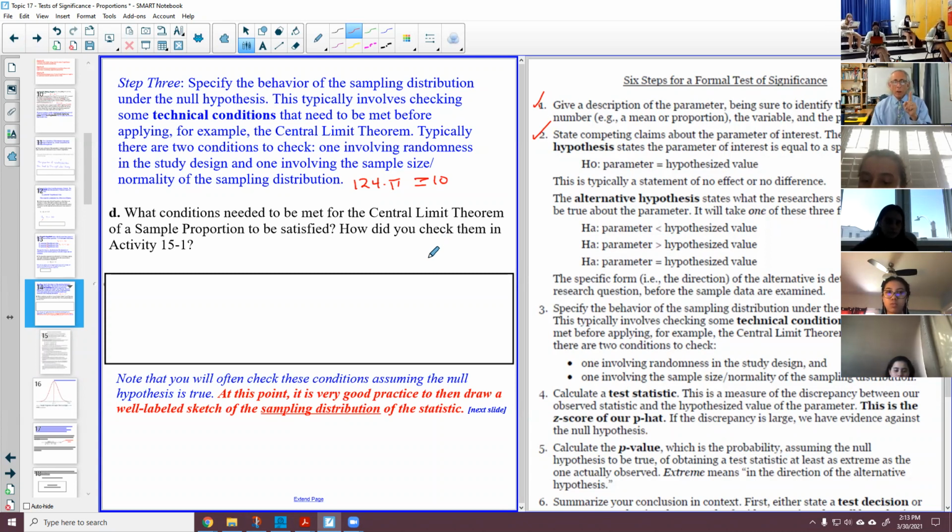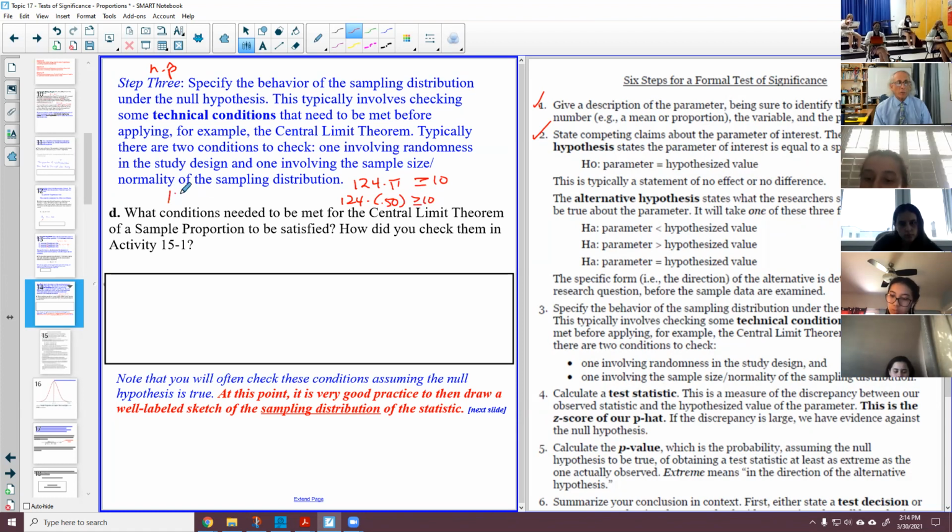When we were doing confidence intervals, we were using n times p hat because we had a p hat. We're doing tests of significance. We use n times pi. So we go 124 times 0.50. That's definitely greater than 10.